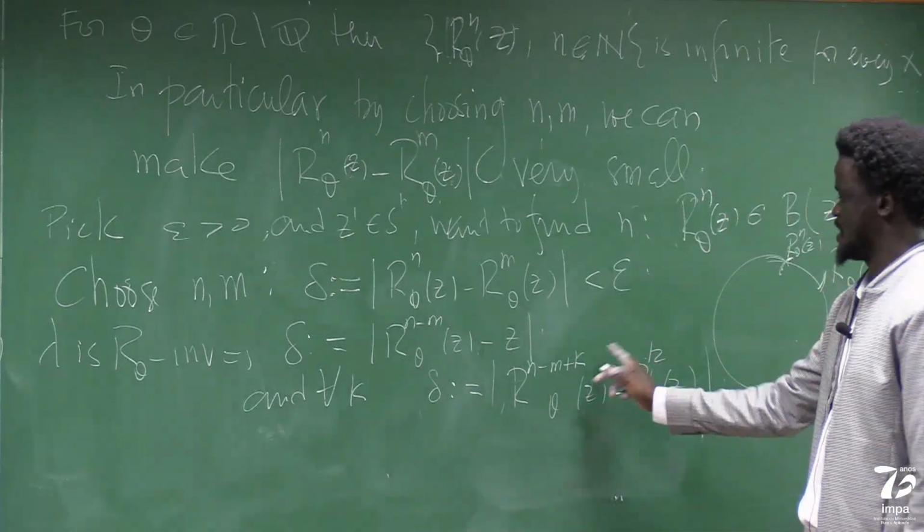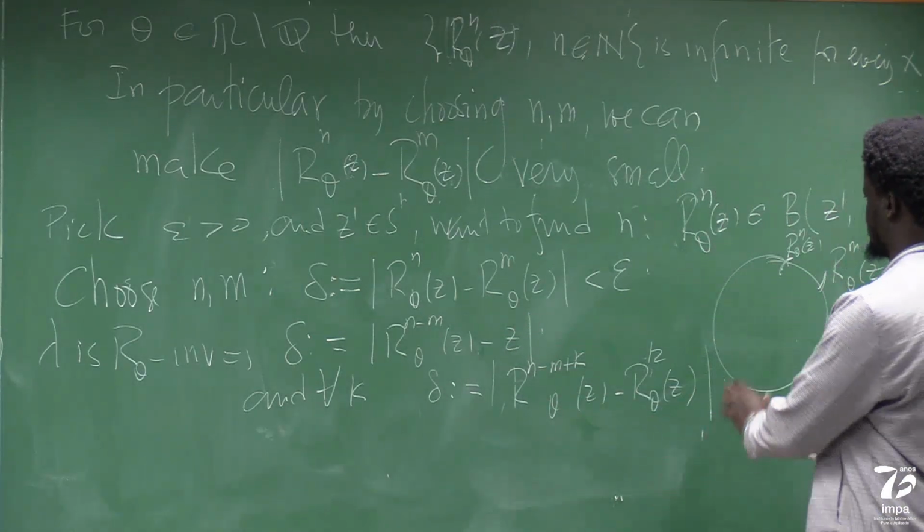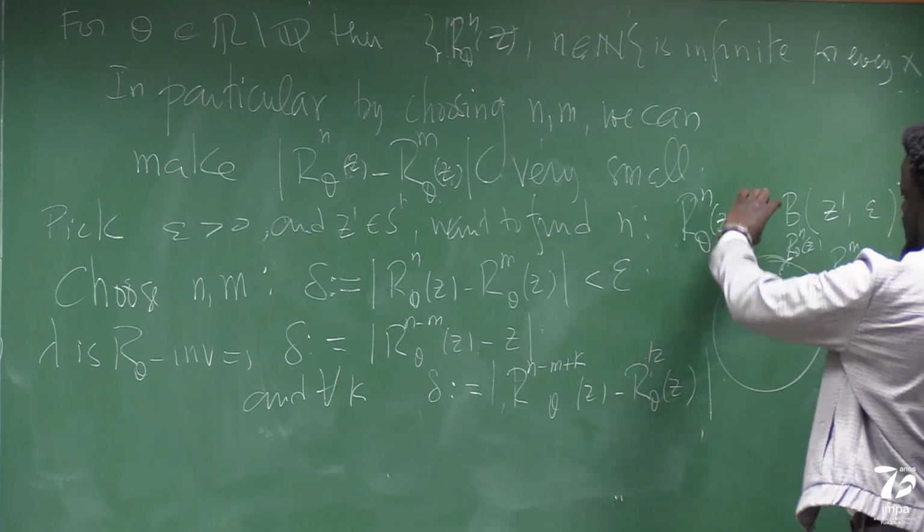So by invariance, all these are delta, because it just translates by R.